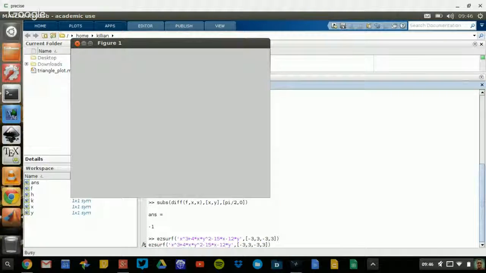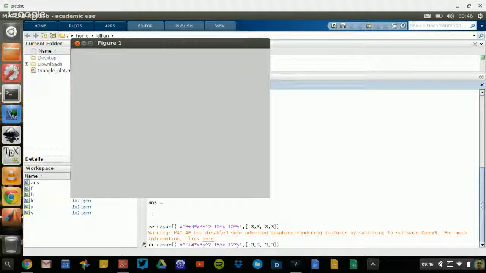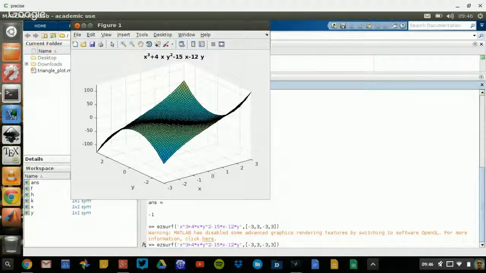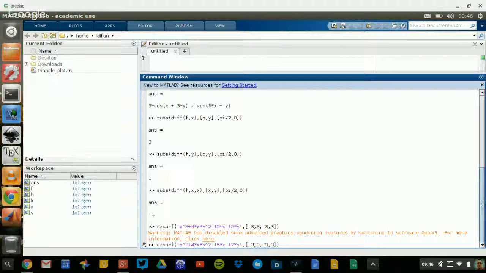Oh, it's just working extremely slowly. Okay, so there's the surface. Oh, I need to correct it, don't I? So close that. So that 4 becomes a 3, isn't that right? x cubed plus 3 minus 15 minus 12.